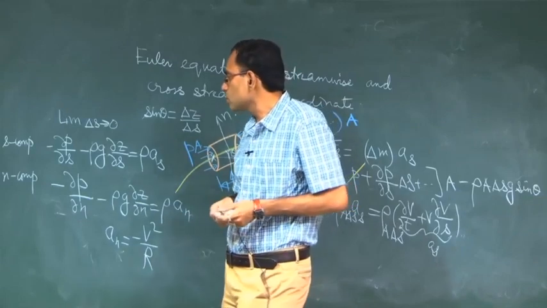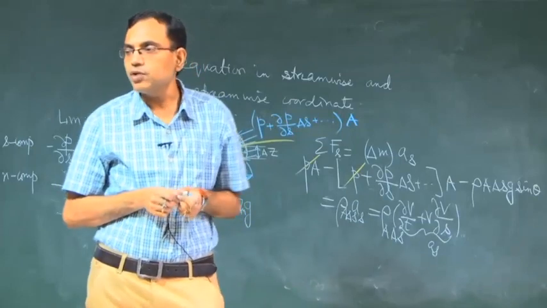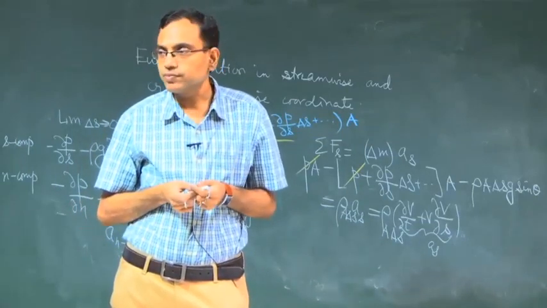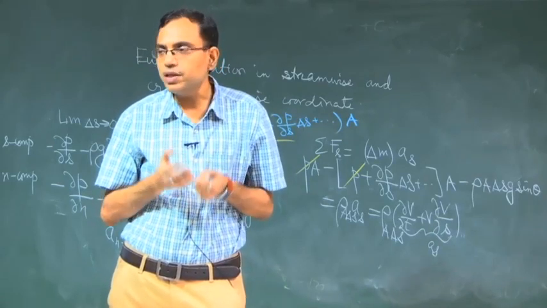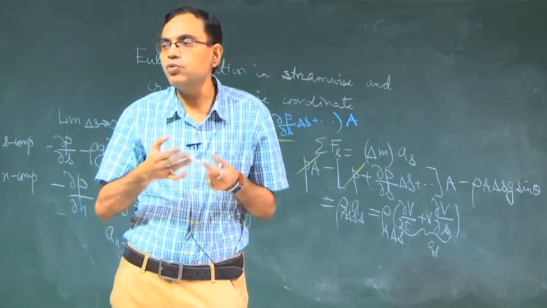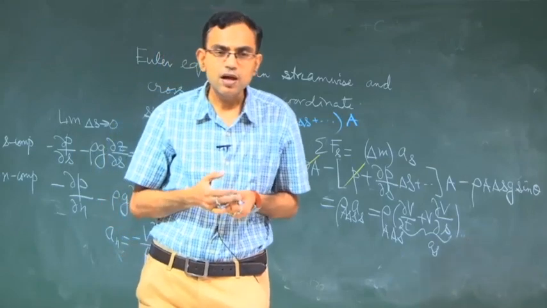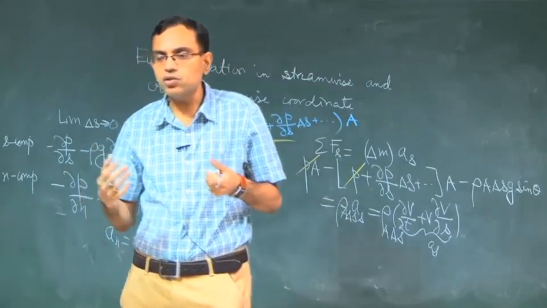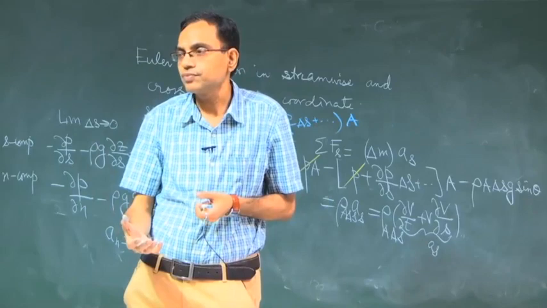So, to summarize, in this particular chapter we have studied the dynamics of inviscid flows. We started with deriving the Euler's equation of motion, first in Cartesian coordinate and then in streamwise and cross streamwise coordinate. The streamwise and cross streamwise coordinate was the last thing that we did, but in between we also derived the vector form.